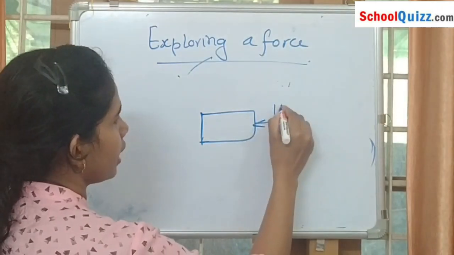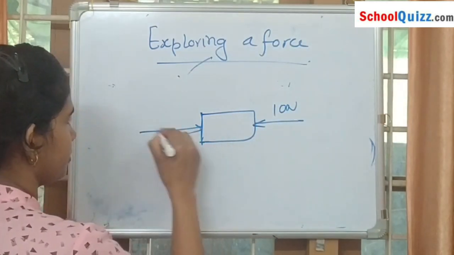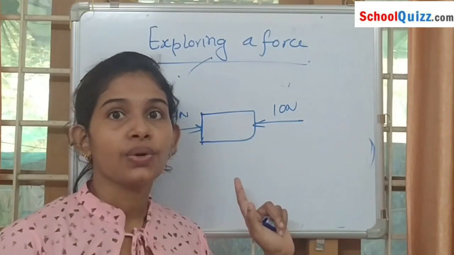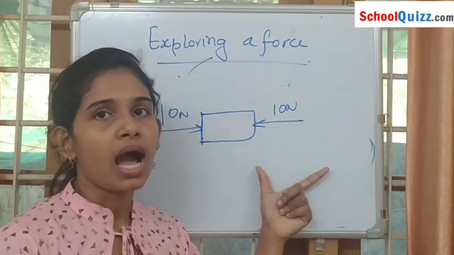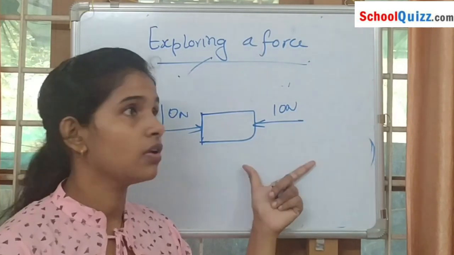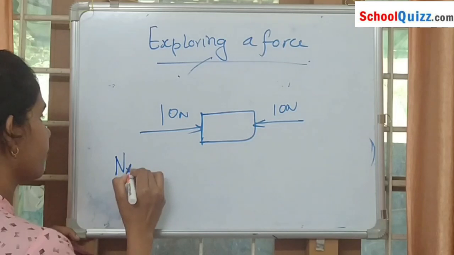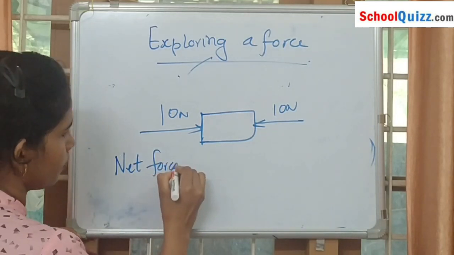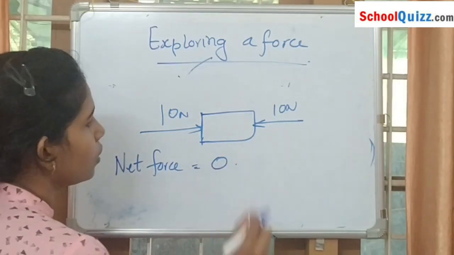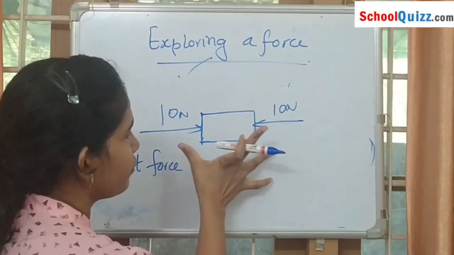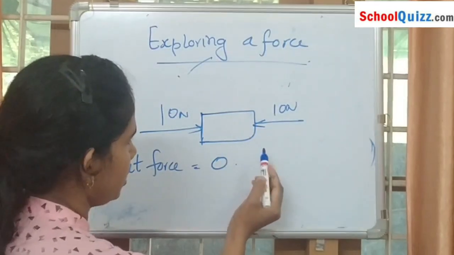In another case, if two equal and opposite forces are applied from opposite side, then what will be the net force? Net force will be 0. Why is it 0? Here both forces are applied from opposite side, right?